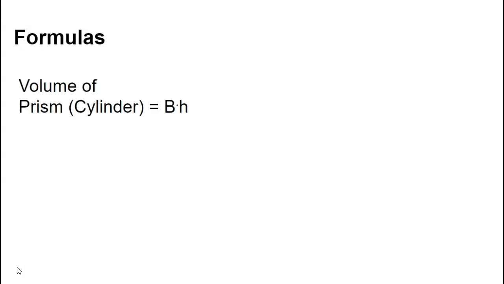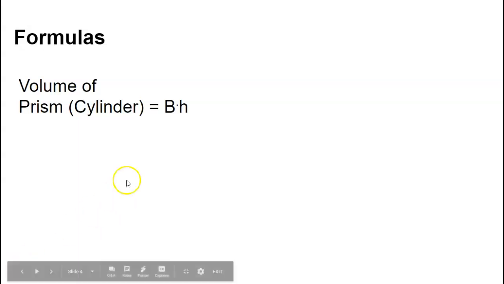Let's start with volume for a prism. Notice that I also have cylinder in parentheses here. This formula, it's the same concept for both of these shapes. To find the volume of a prism or a cylinder, you have to take the area of the base and multiply it times the height.